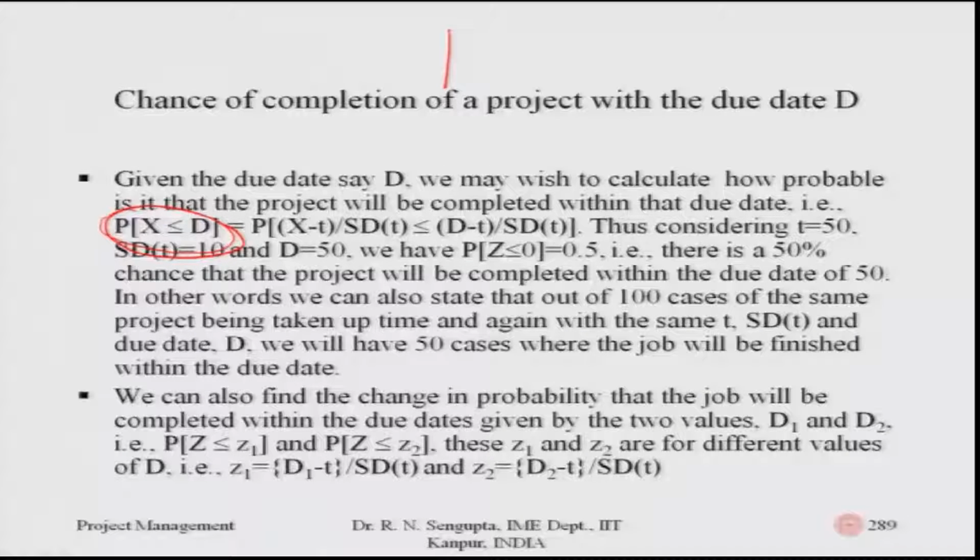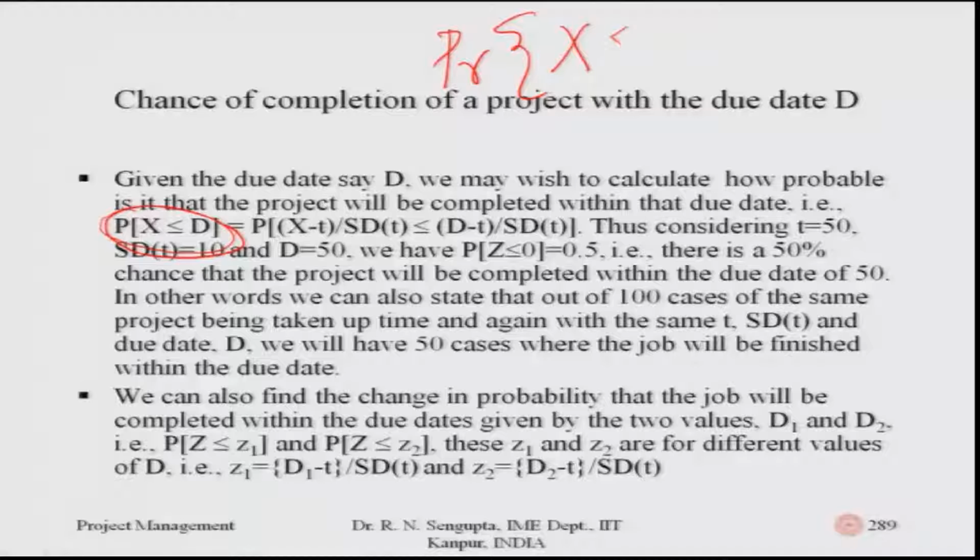So, what we need to find out is PR, probability, which is P here, it does not matter. X is the random variable which denotes the overall distribution of the time for the overall project, for which the expected value is known to you, which is T, as shown in the normal distribution, and the standard deviation was SD(T).